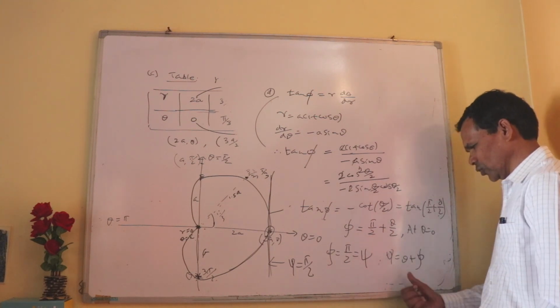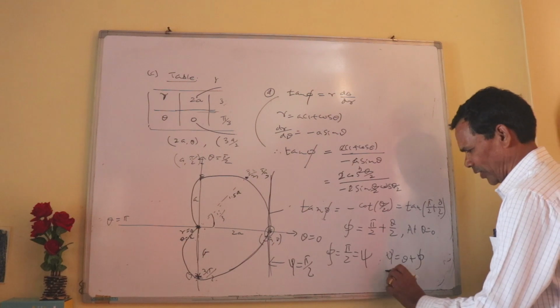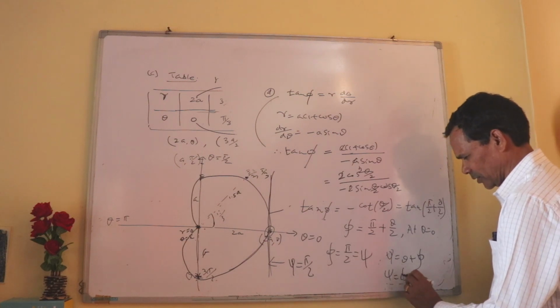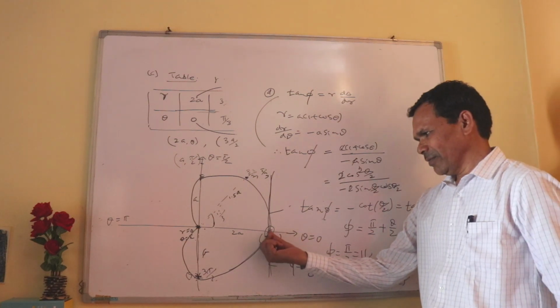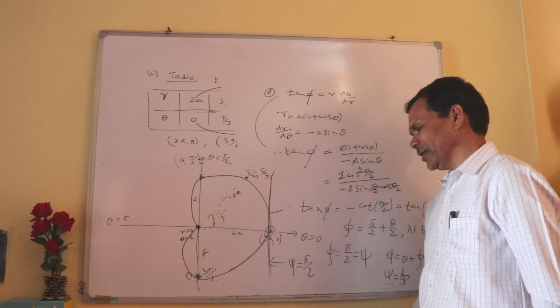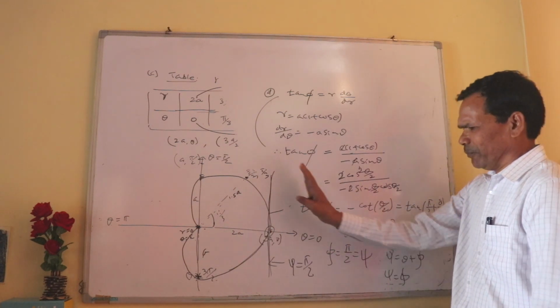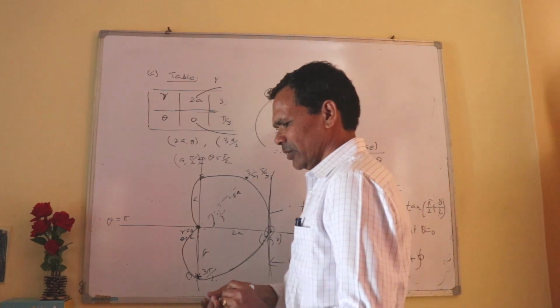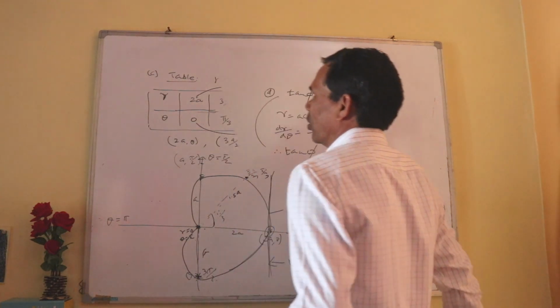Theta is 0, so psi is always equal to phi there, because it is at this particular point where theta is equal to 0. So this is the way you are having this approximate shape of this particular curve.